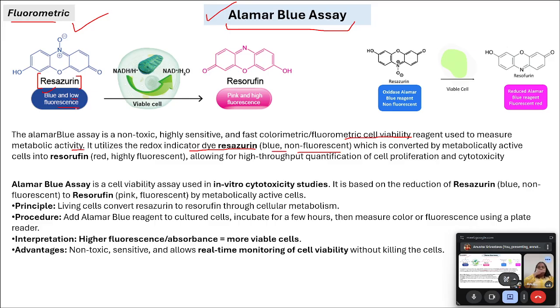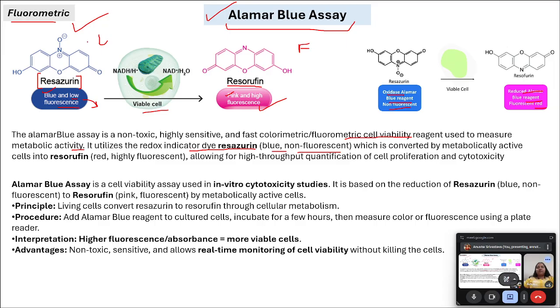Now, once it enters the viable cell, these live cells, what does it do? It reduces this resazurin, the oxidized Alamar Blue reagent, which is non-fluorescent. It gets reduced to the Alamar Blue reagent which is fluorescent red. When it gets reduced, it leads to formation of resorufin, which is pink and has high fluorescence. So low fluorescence, high fluorescence.